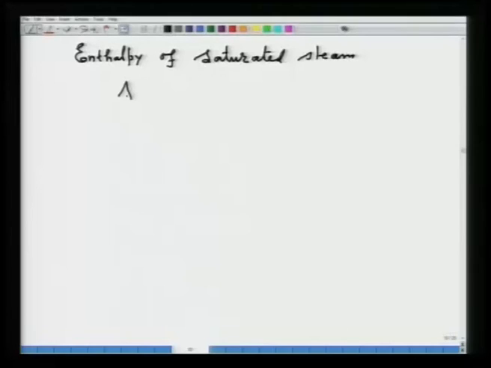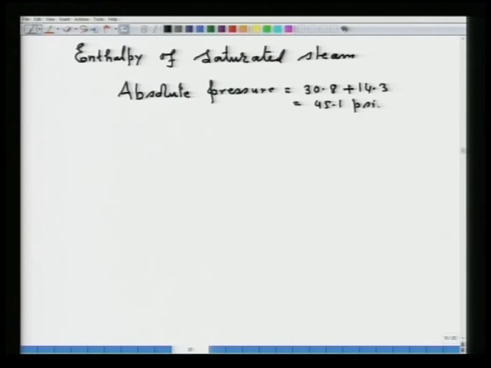Pressure surrounding the gasifier is 740 millimeter, and if you convert, it comes out to be 14.3 psi. So, the absolute pressure is equal to 30.8 plus 14.3, that is equal to 45.1 psi. Now, it is an absolute pressure, psia.